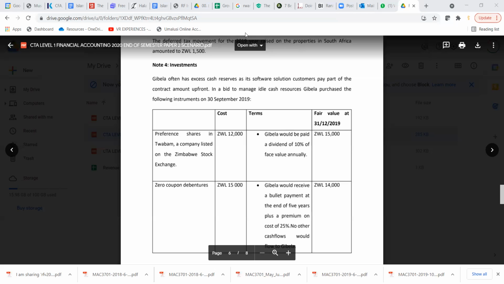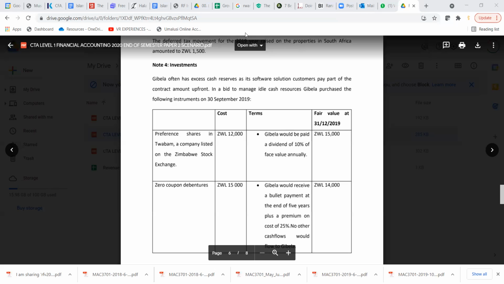If you have invested in shares, then you can choose to measure it at fair value through OCI. But once you choose it, you can't go back. Accounting refers to it as irrevocably elect. If a company irrevocably elects to measure at fair value through OCI, they can, but they can never change their mind.